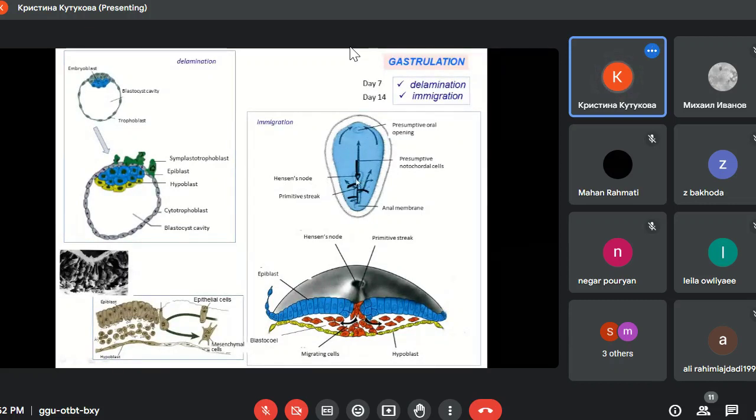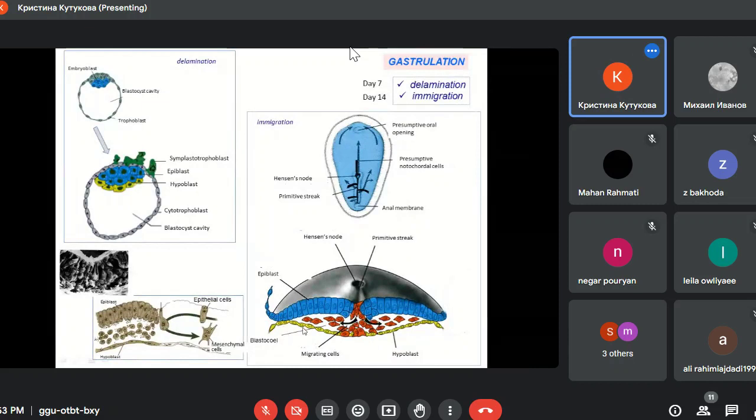So if we cut the embryo like this, this is what we will see. We see the epiblast, it is blue, and here this line, which is called the primitive streak, is the midline through which dividing cells start to move inwards below the level of the epiblast, basically between the epiblast and hypoblast.